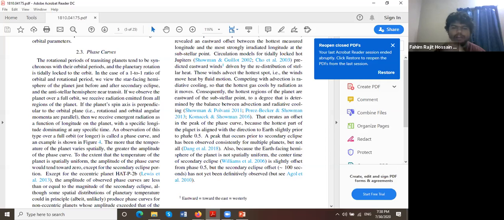Then you can use the data to organize the transits according to time, and then you can measure the flux and other properties like radial velocity in an organized manner. So phase is important.